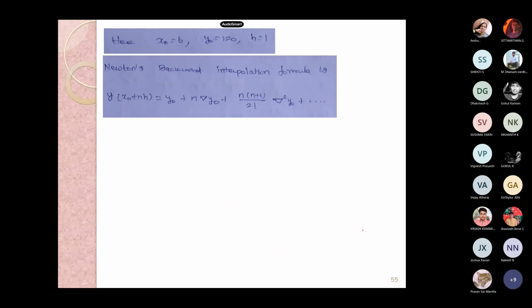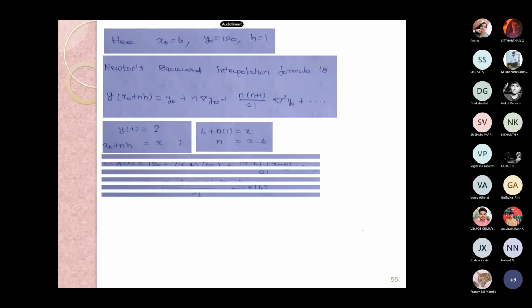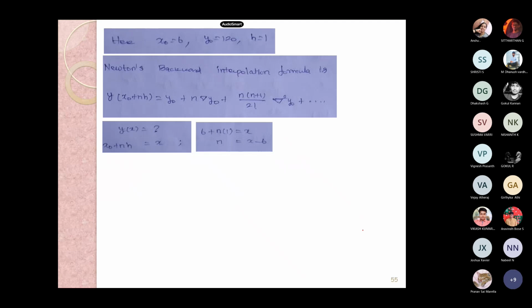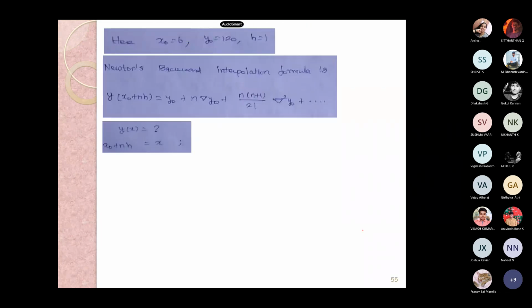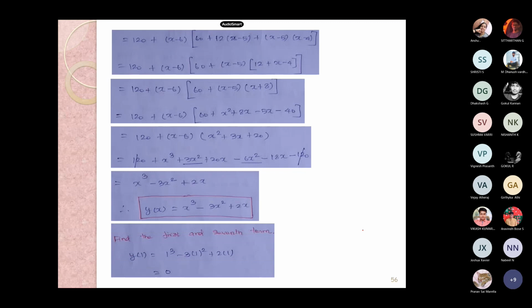By continuing this, what will you get? Here, in order to find the particular numerical value, we need to take the given x0 plus n times h as x, and by continuing this, you'll get the cubic equation x cube minus 3x square minus 2x, and you can even cross-check with the given data set.